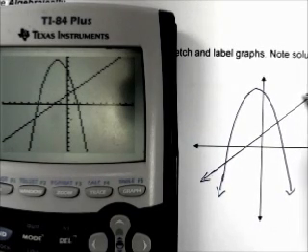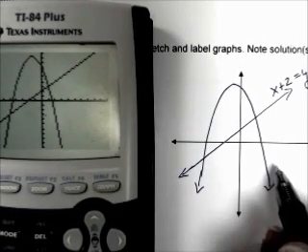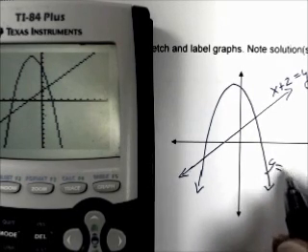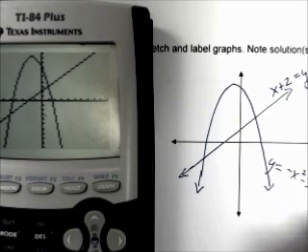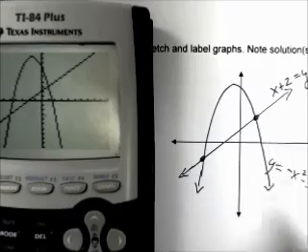Don't forget, make sure to label them. X plus 2 equals y is our line. And our parabola y equals negative x squared minus 3x plus 7. And note the points of intersection.